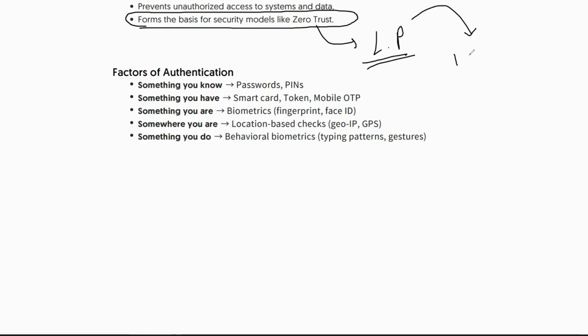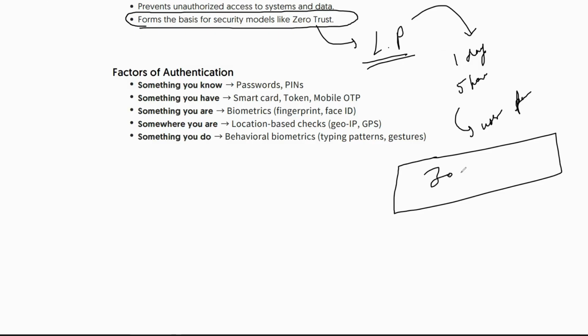If they need it for a day or for, let's say, 5 hours with user-level permission, just give them that level of access. We don't have to blanket open it for, let's say, 30 days with everyone getting admin-level access. This is incorrect.